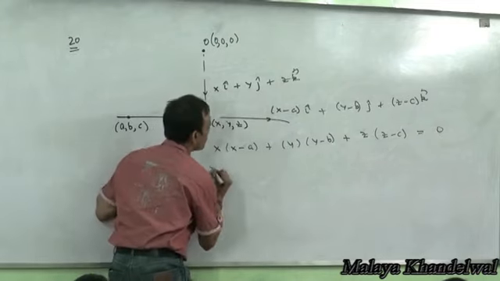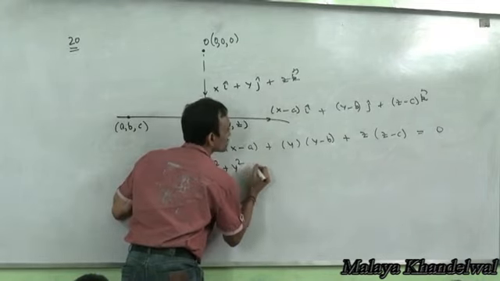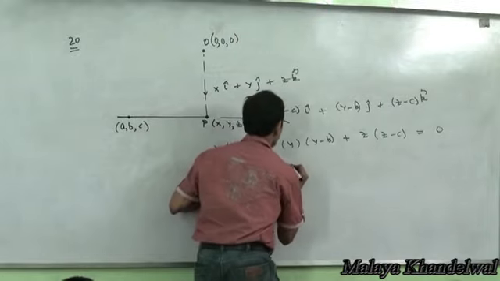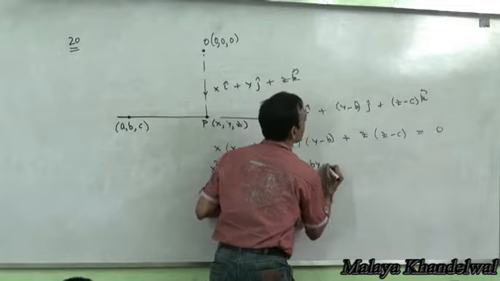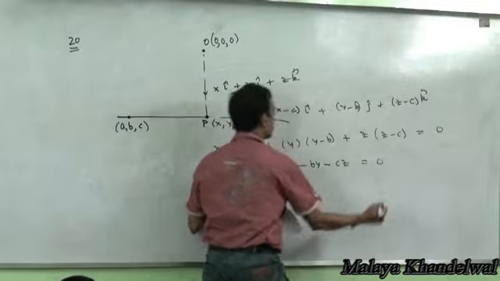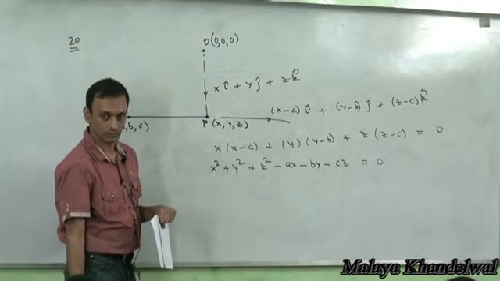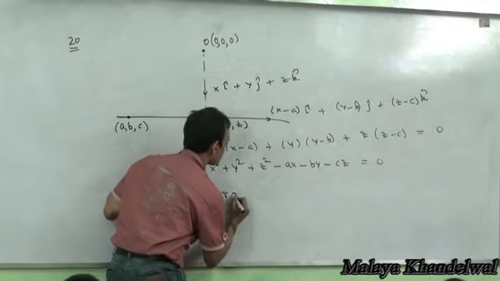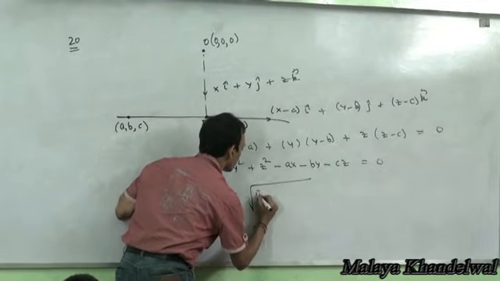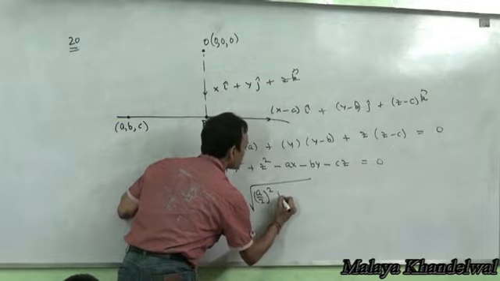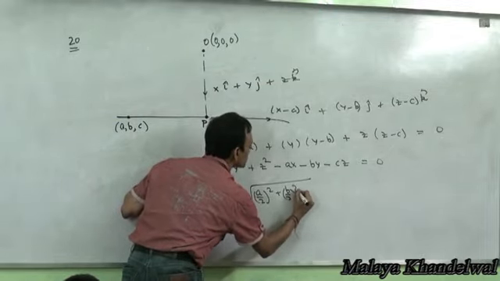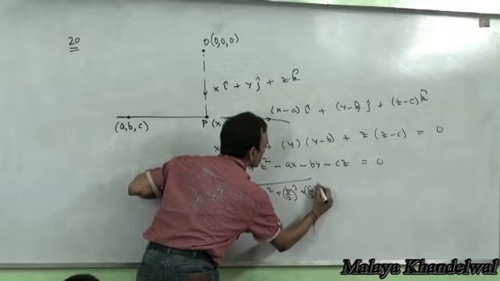which obviously is a sphere, because you have x squared plus y squared plus z squared minus ax minus by minus cz equal to 0. The radius of the sphere, as we've seen, is like square root of a by 2 whole squared plus b by 2 whole squared plus c by 2 whole squared.